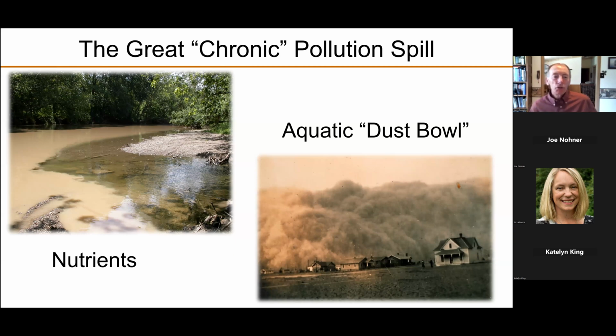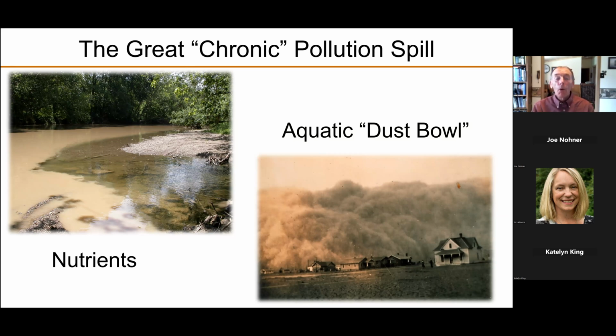The stream that I showed you a picture of earlier was 80% cultivated agriculture, and there were over 400,000 hogs in confined animal feed operations in that 15,000 acre watershed. But we had a good relationship with the farmers. The farmers weren't purposefully allowing any kind of drastic spills. They're simply trying to make money in the best way that they could in an agricultural setting.